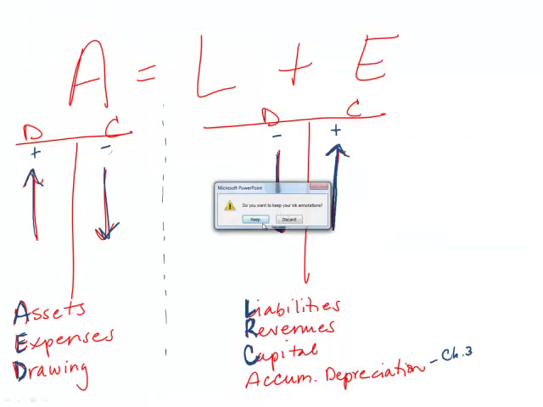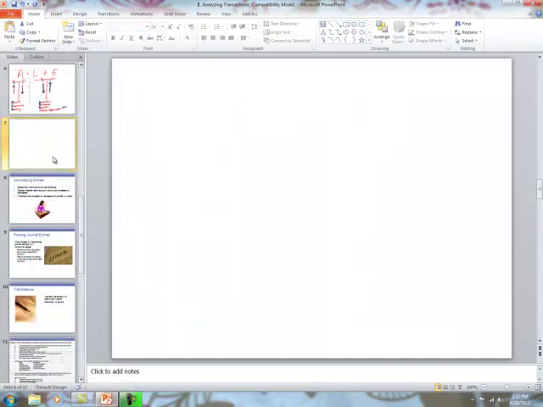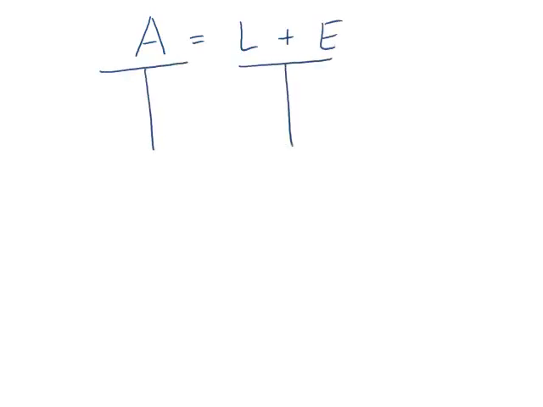Okay, so what you'll need to do is go ahead and, if you haven't already, create or write this down in your notebook somewhere. You'll use these rules every class. So if I'm going to write this again, I do the T accounts underneath them.